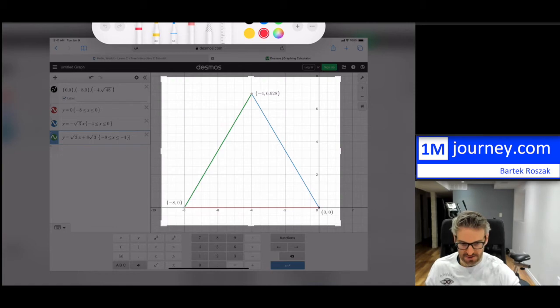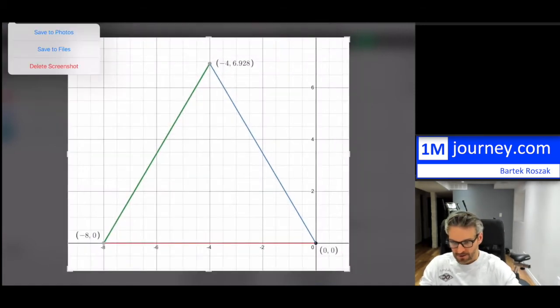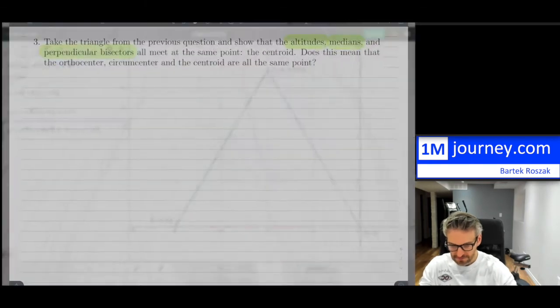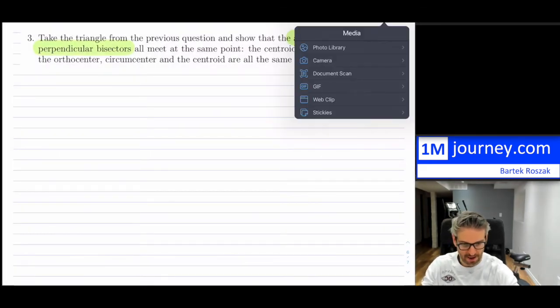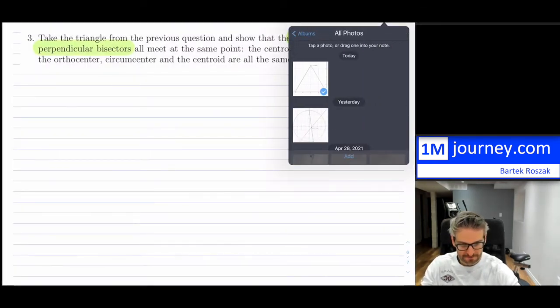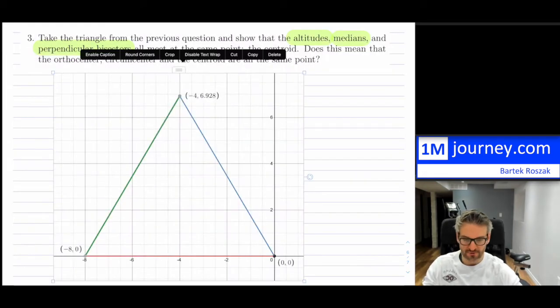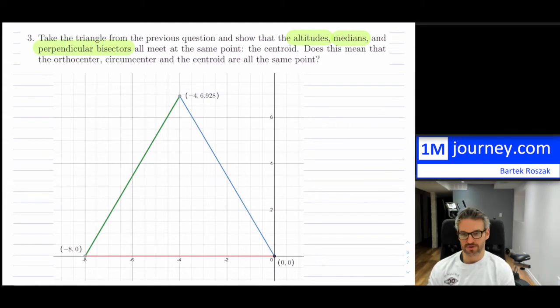So let's say this is my image. I'm going to put it back in, so let me add it. And here we have it. Okay, so first off, what are altitudes?